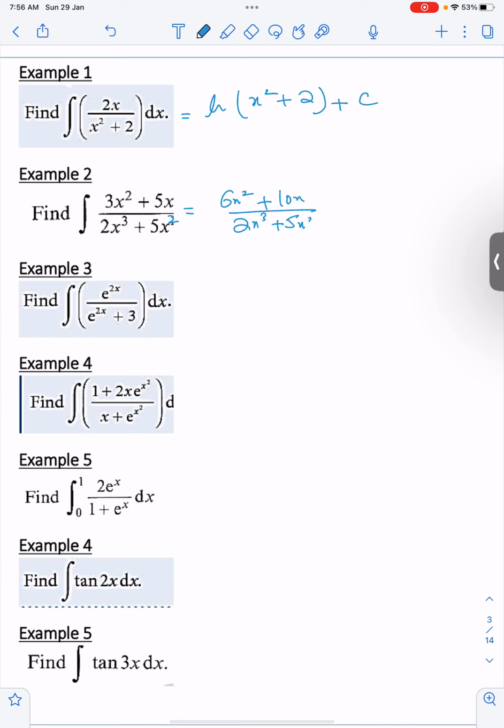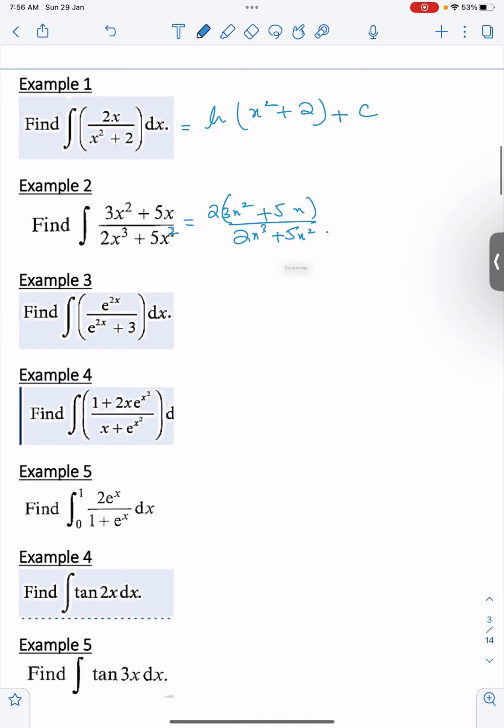Okay, if the numerator is 6x squared plus 10x and the denominator is 2x cubed plus 5x squared, if I take out 2 as common from here, I'll be left with 3x squared plus 5x here. That means the only thing which is missing is this 2. This 2 should be there, but it is not there.